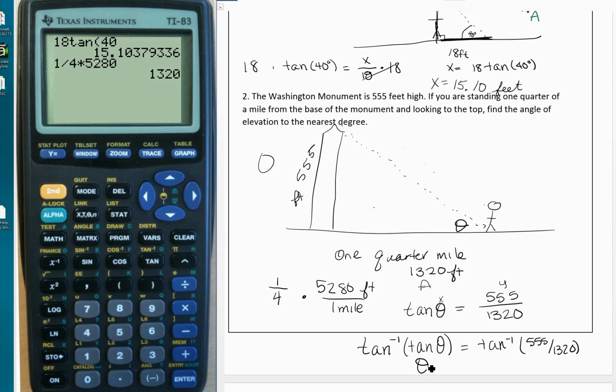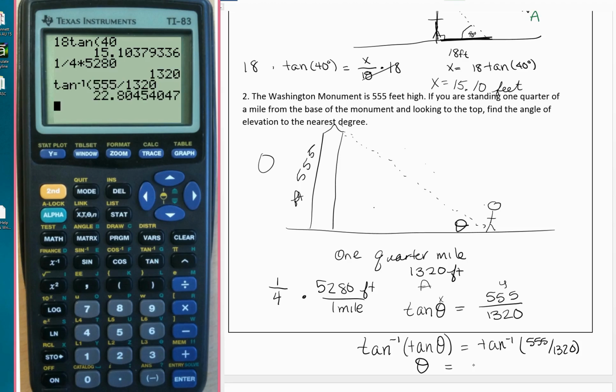Here we just get theta. Remember, if you compose a function with its inverse, you just get the identity. And then we're going to do tangent inverse of 555 over 1320. If we round to 2 decimal places, we would have 22.80 degrees.